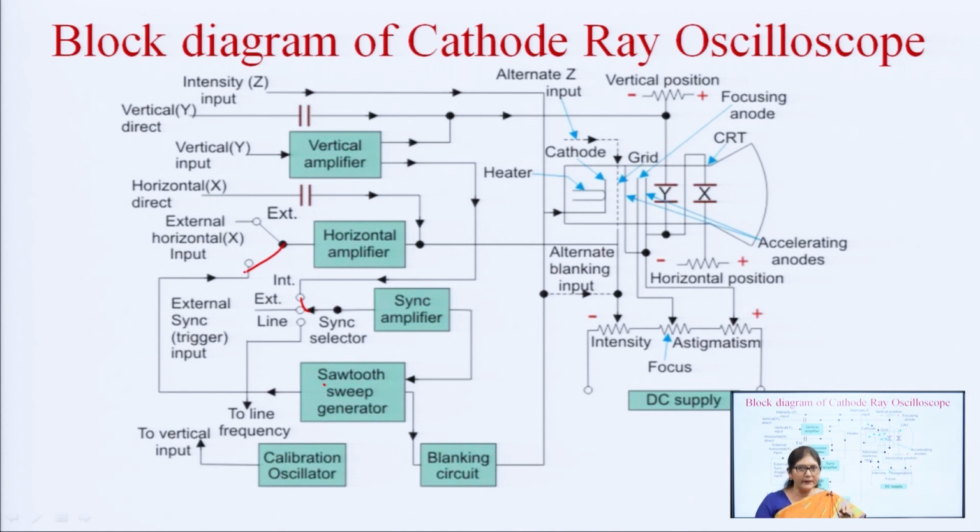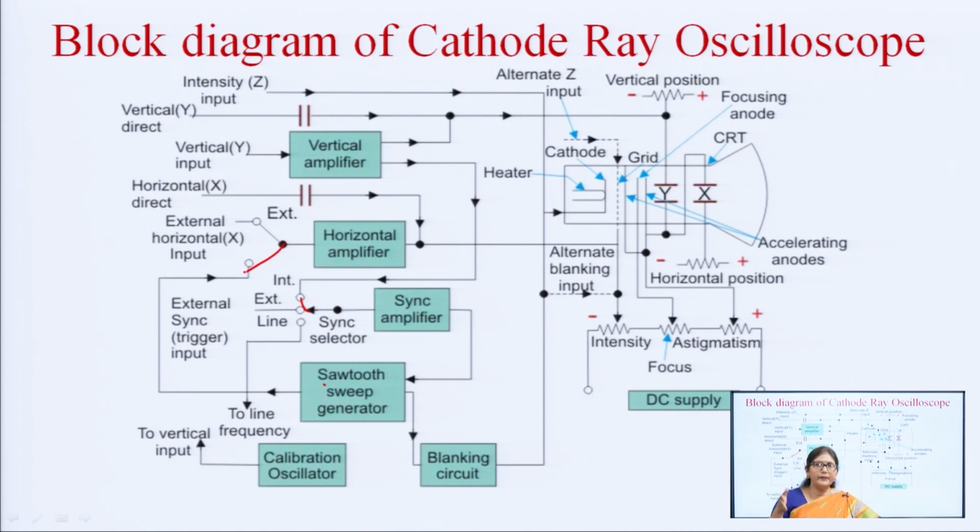But when it reaches the extreme right position, it has to come back to the left position so that it can trace the signal again. But if it gets back to the left position while the signal is being traced, there is overlapping and we will not be able to see the signal. Because of that, a blanking pulse is applied to the cathode. At that time the cathode will not emit any electrons.